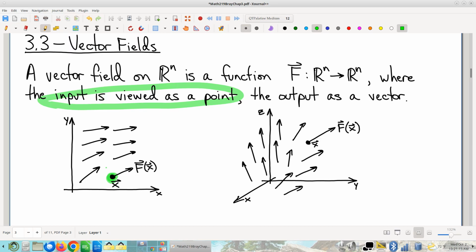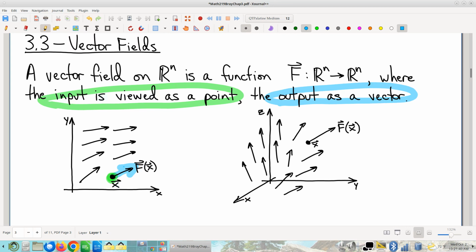We think of as being a point, and then what we think of as being the output, we think of as being a vector. And specifically, of course, we represent vectors with arrows. Specifically, we represent it with an arrow whose tail is at the point. At that point, that was the input.